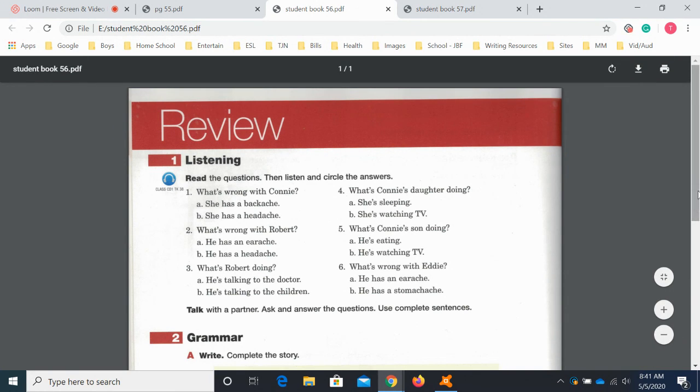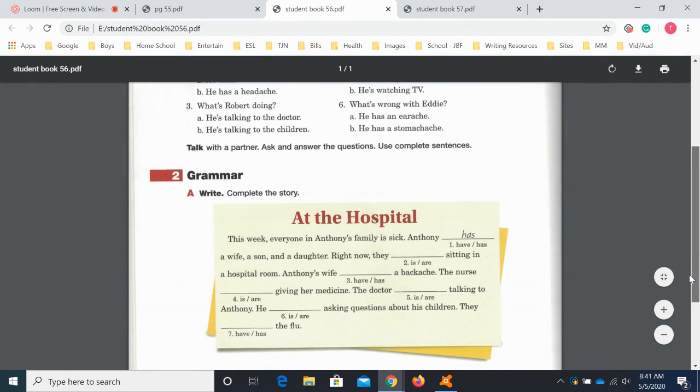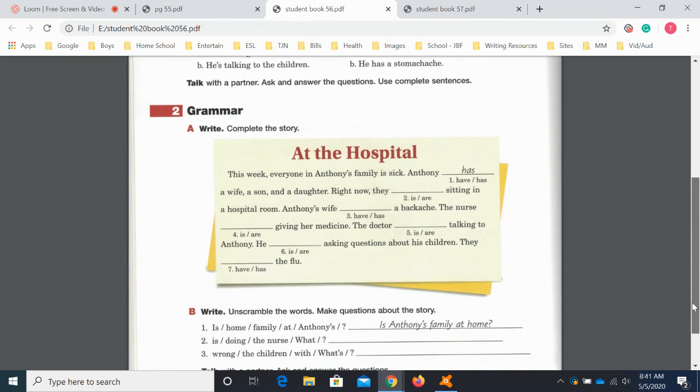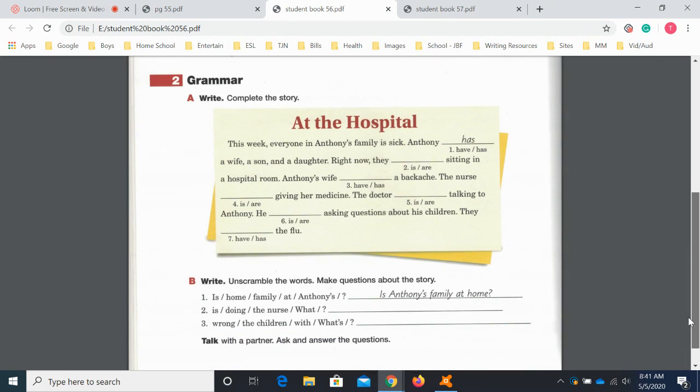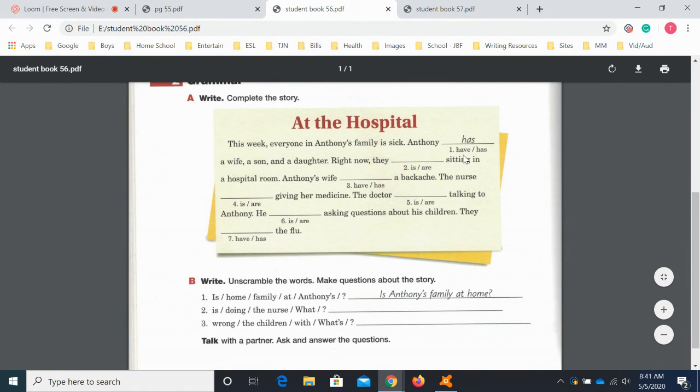Let's move on to exercise 2. And this one is about grammar and completing the story. So we can see the words that we have to use in the sentences to complete the story. Those words are right underneath the line. So you either use have or has. This one you use is or are.